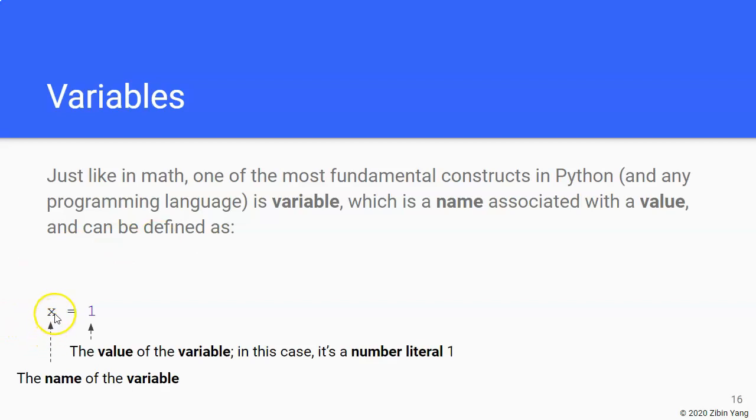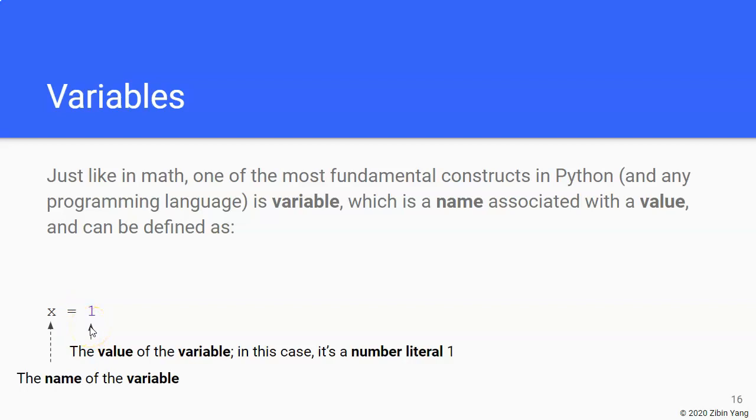The first thing is x, which is the name of the variable. Now, obviously, it doesn't have to be x. It can be any kind of word. But that is the name of a variable. Then there's an equal sign. We'll come back to that.